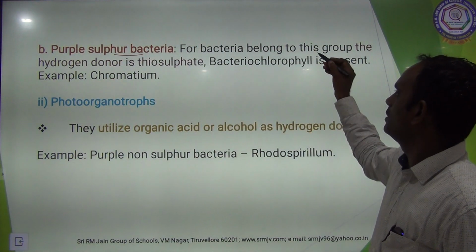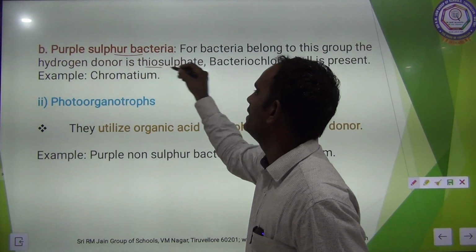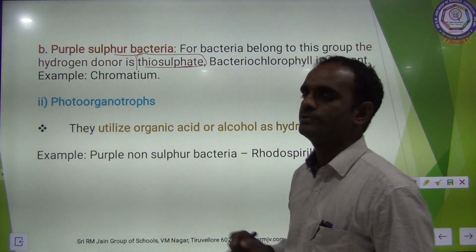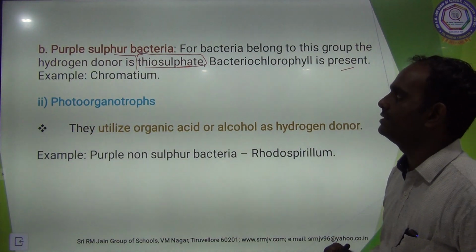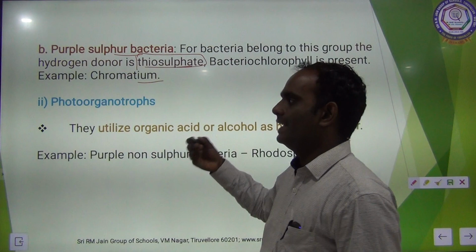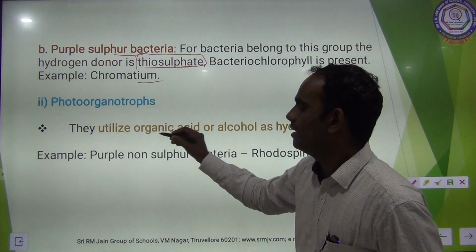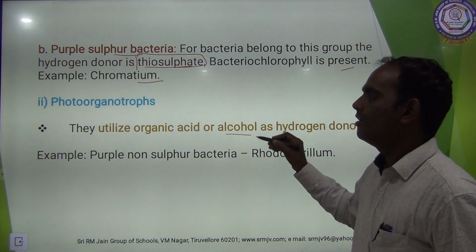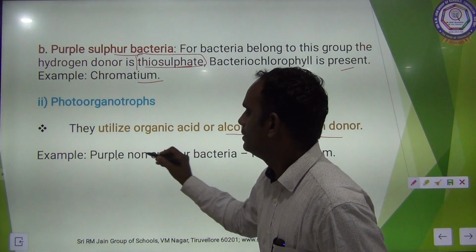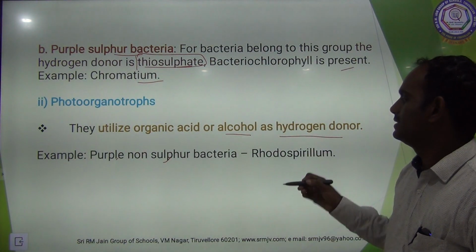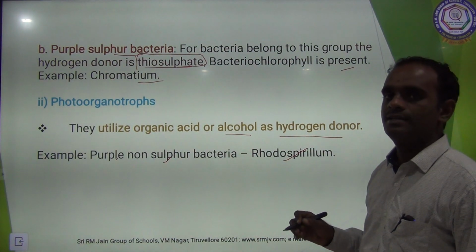The hydrogen donor is thiosulfate, a very important key point, and bacteriochlorophyll is present. Example is Chromatium. The next one is photoorganotrophs. They utilize organic compounds or alcohol as hydrogen donor. Example, purple non-sulfur bacteria, such as Rhodospirillum. Clear, children?